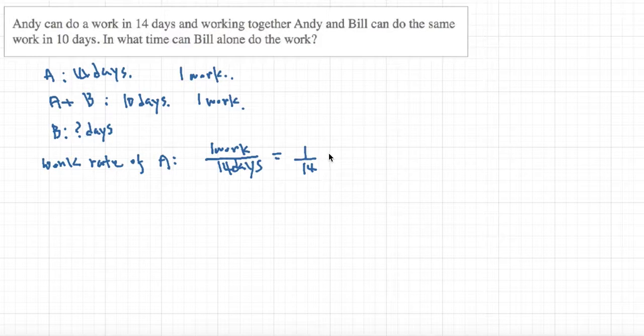The unit will be work per day. Then can you find the work rate of B? No, we can't.